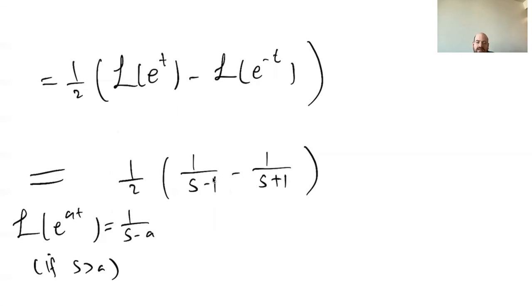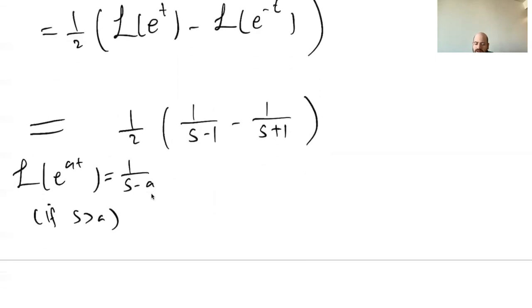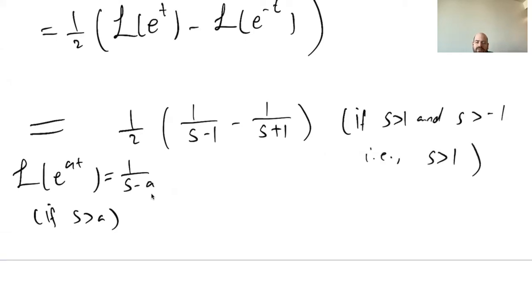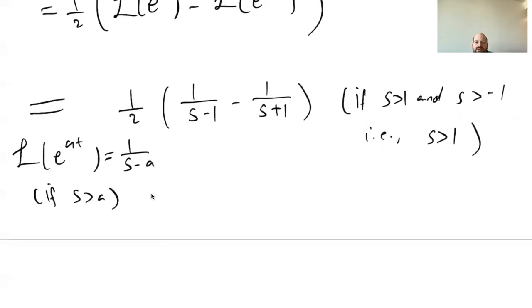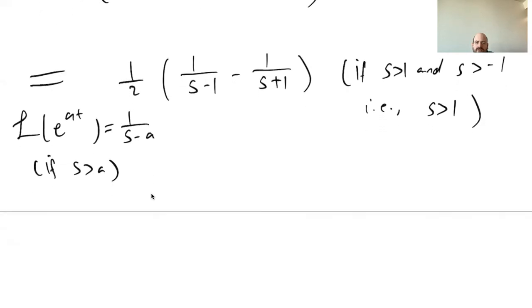So if s is bigger than 1 and s is bigger than minus 1, overall it means s is bigger than 1. The intersection of s bigger than 1 and s bigger than minus 1 is s bigger than 1.